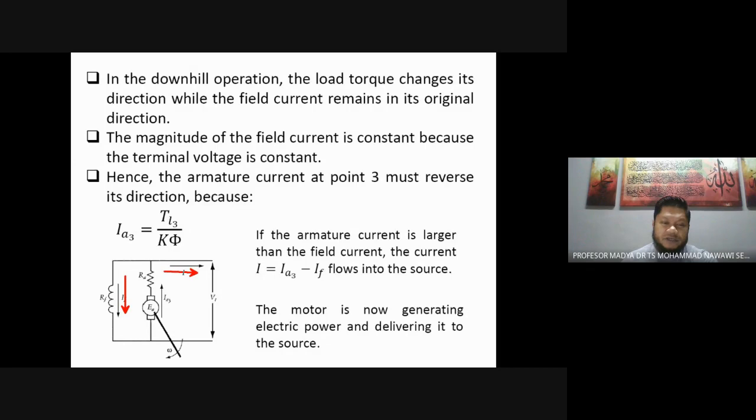Current goes back to the terminal, and therefore the armature current is reversed in this operation. So you have Ia3 equals load torque divided by K flux. And we have Ia equals Ia3 minus If.